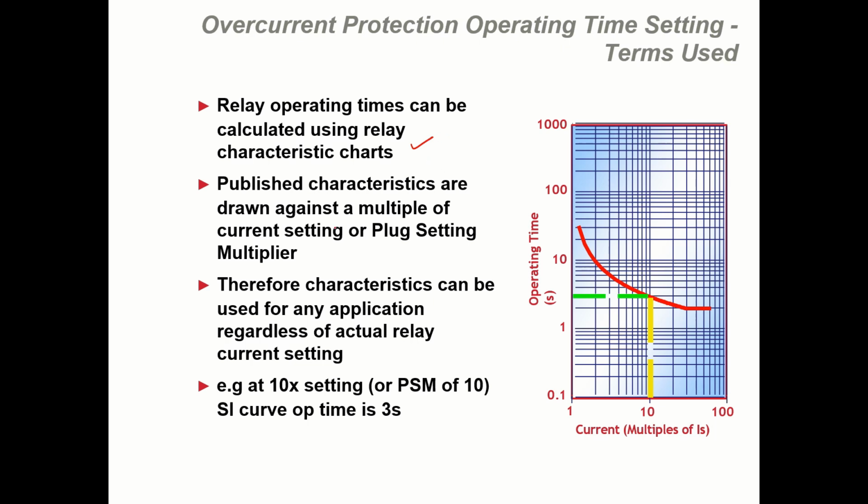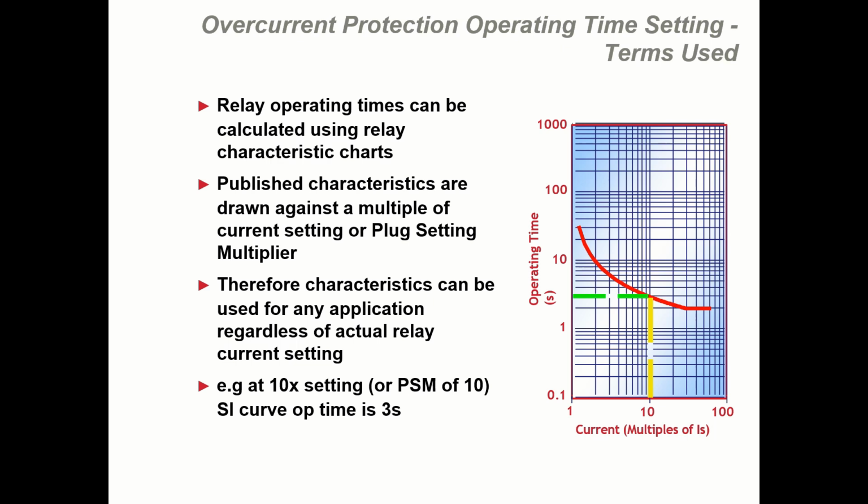Second, the published characteristics are drawn against a multiple of current setting, or plug setting multipliers. So these are the good old days when these were calculated like this. And depending upon which type of characteristic we are using, we will have different types of curves and different types of operating times.